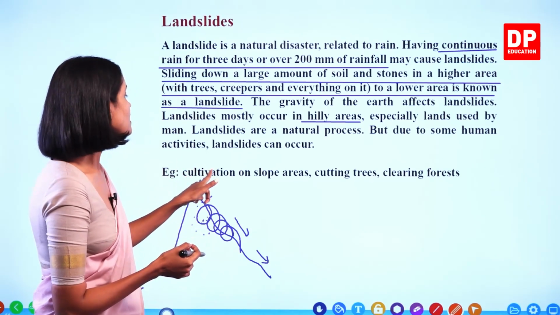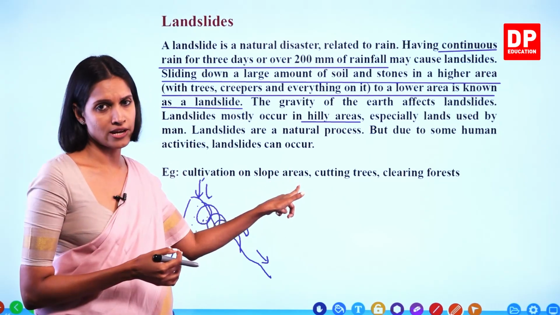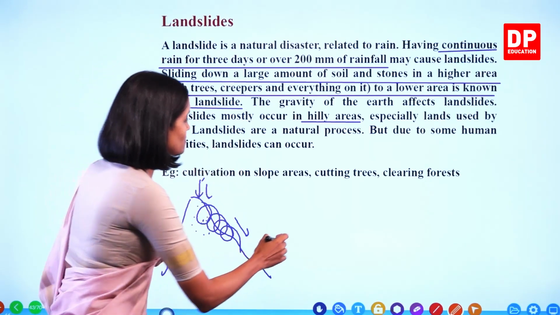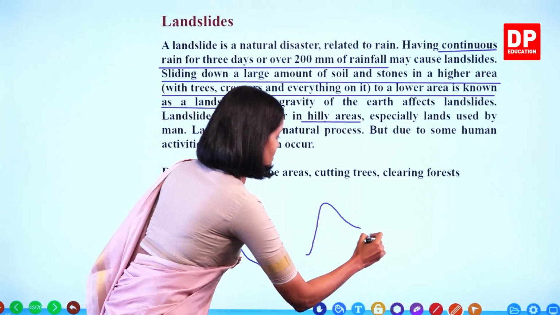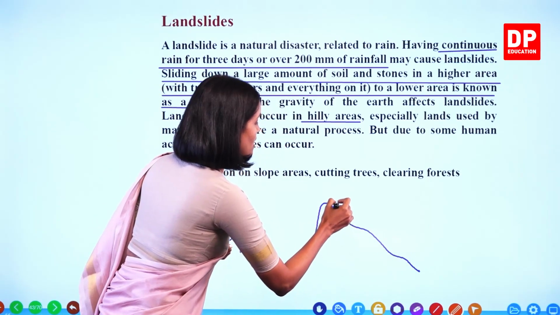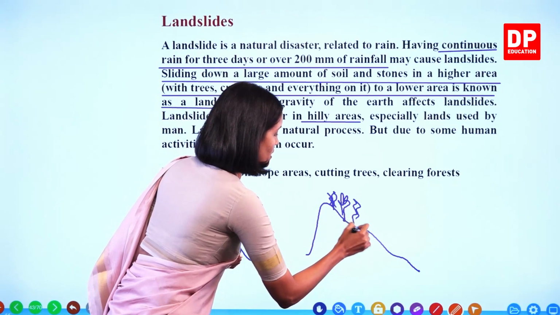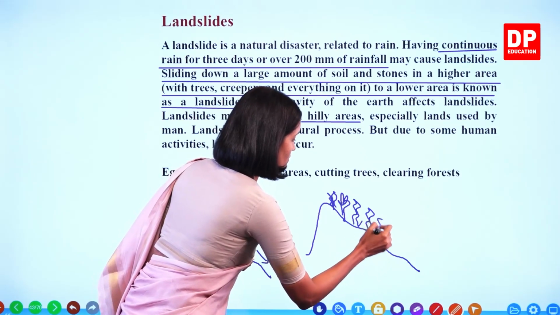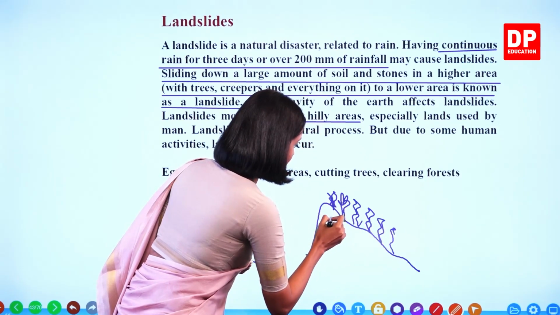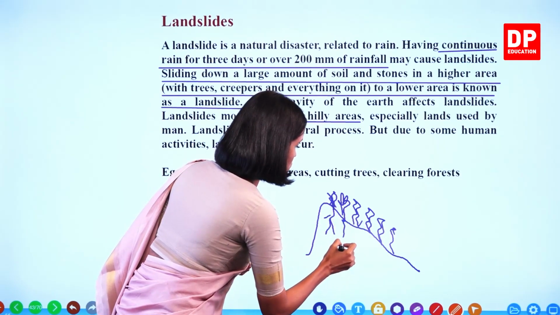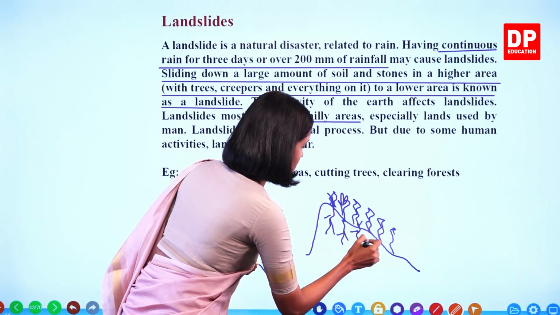Look at this: cultivation on slope areas. Now, just imagine there's a slope area and there are a lot of plants covering it, and these plant roots go through the soil particles.